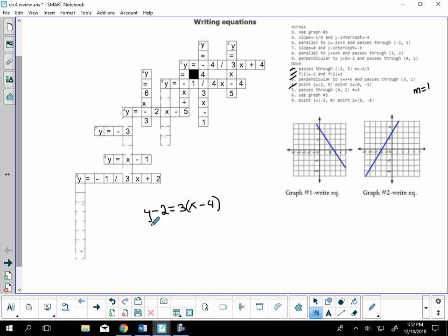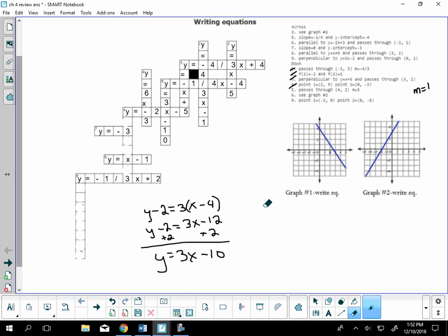Let's go ahead and distribute. y minus 2 equals 3x minus 12. Add 2 to both sides. Y equals 3x minus 10. And that was number 5 down.